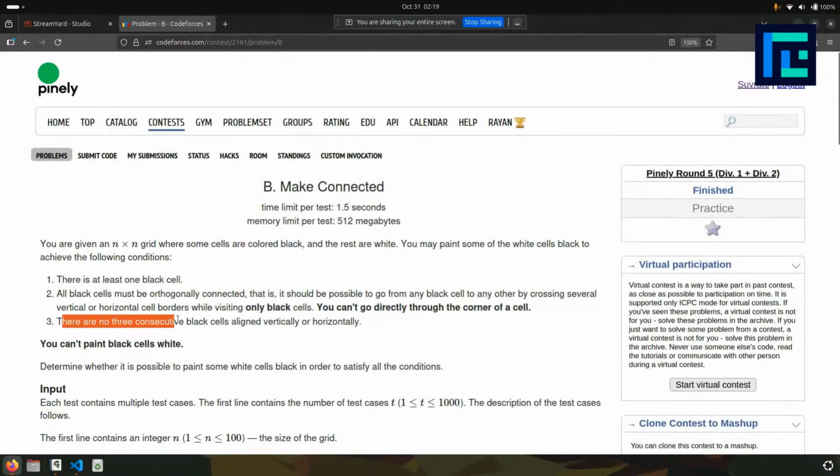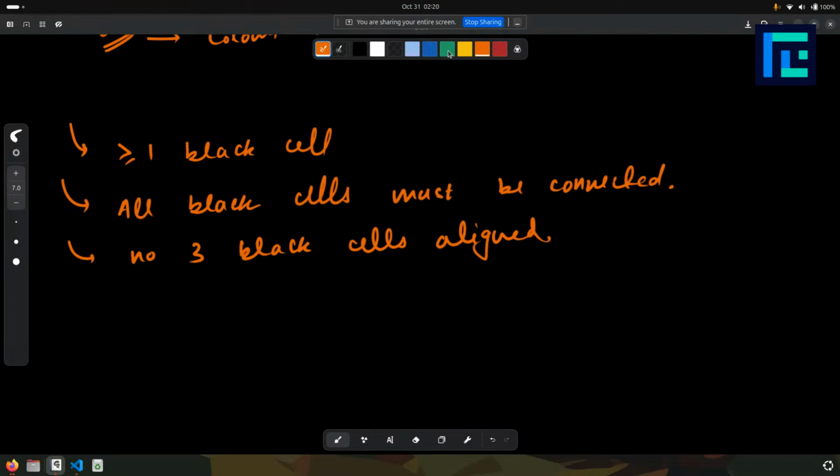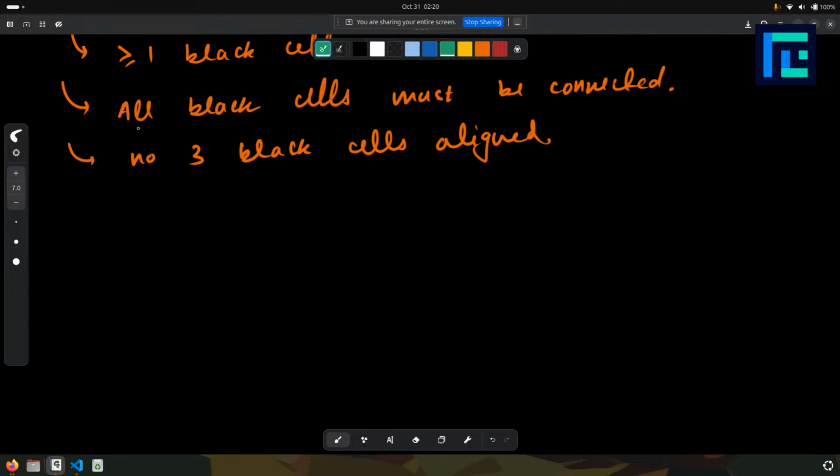And the last is no three consecutive black cells align vertically or horizontally. No three black cells align. So basically, let me just explain the second and third condition. The second condition is that all black cells must be connected. So that means that all the black cells must be like this.